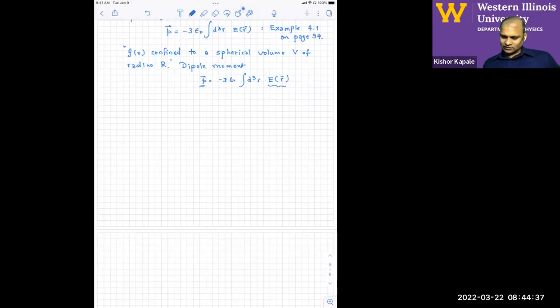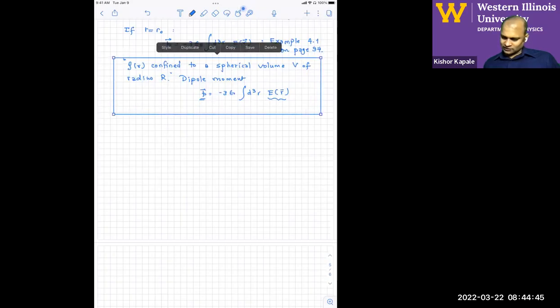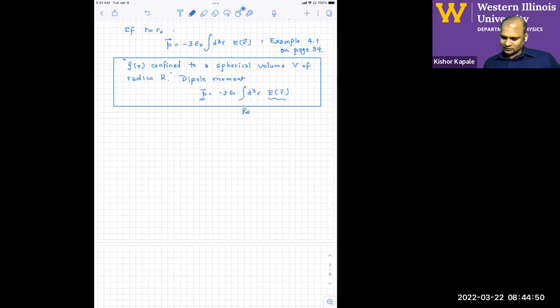Okay, so I'm going to put this in the box because it's something external that's coming in here. And for you, this is going to be a reading exercise, Example 4.1.